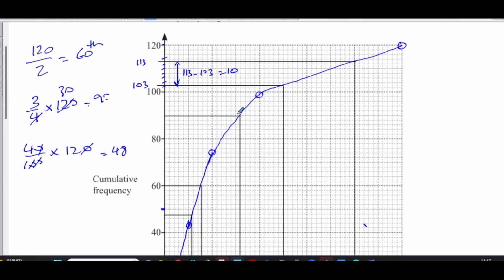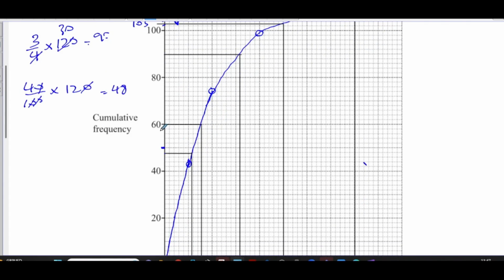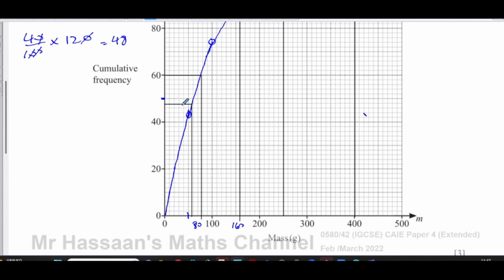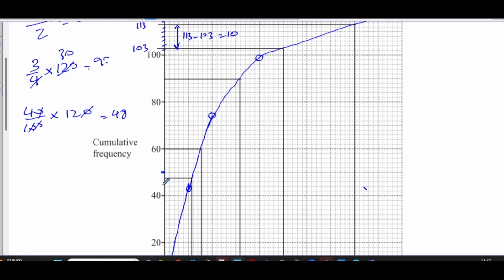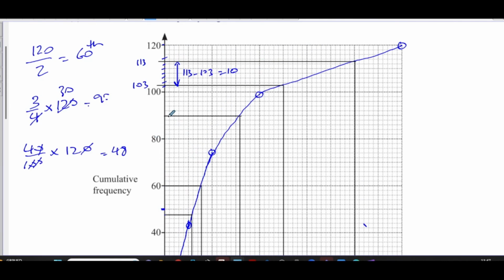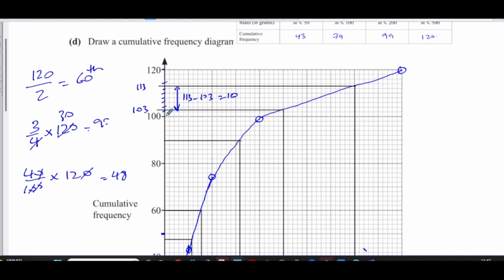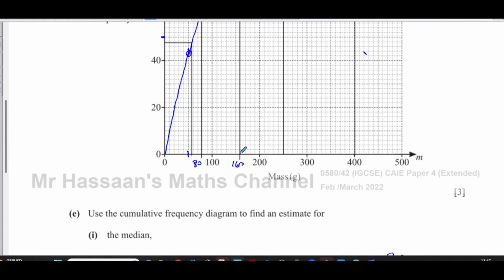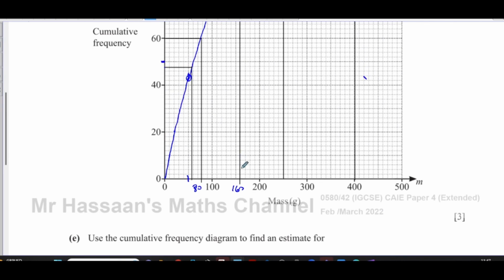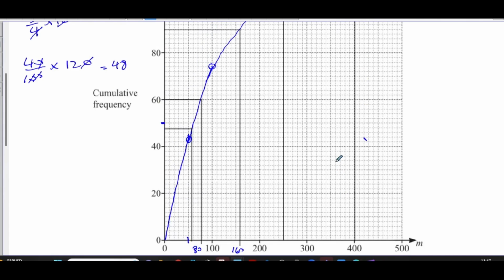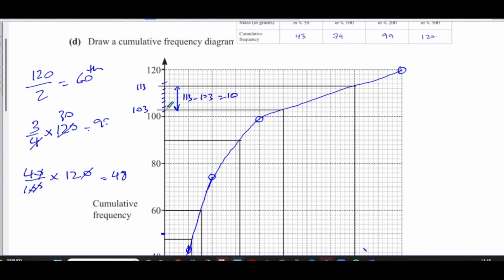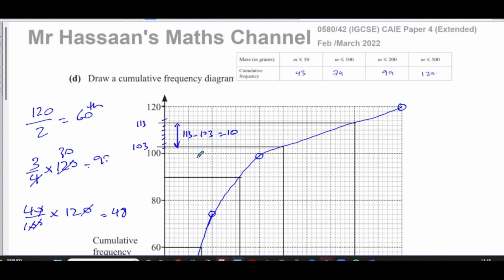As long as you have read the readings from your graph correctly with the correct scales and you've gone across in the right places. For example, here we went at 48, here at 90, and here from 250 and 400, and then we read those values correctly and took the difference between them, that's perfectly fine.